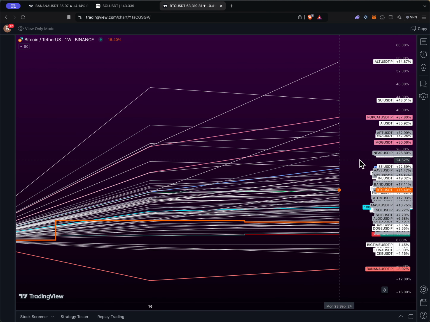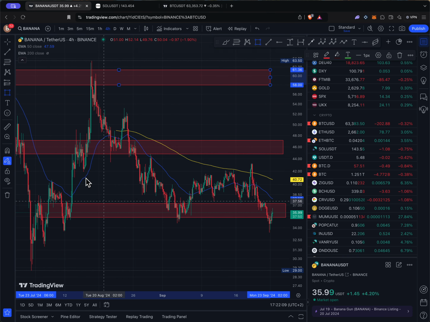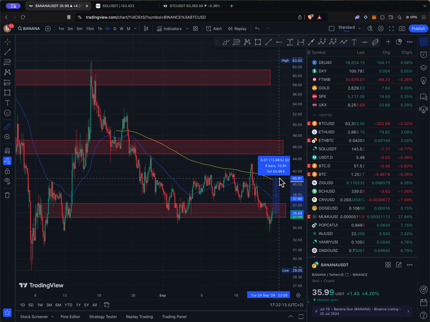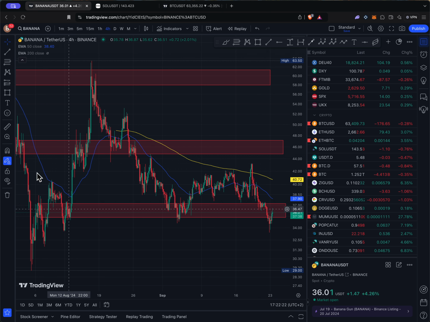Maybe not going overperforming the market, but just catching up with the pack would mean like a +10, +15% spot. And let's see if we get some kind of confluence in here, for example. It's a very fair target to see now. For example, Banana could go catch up with this lower time frame liquidity zone that is here in the middle.